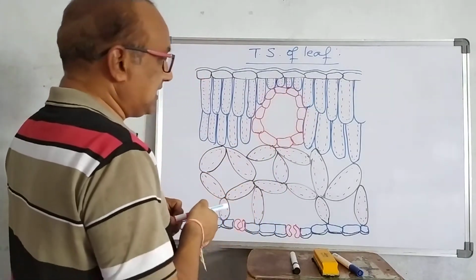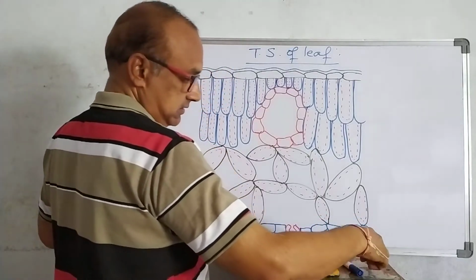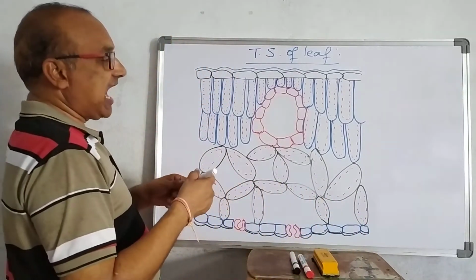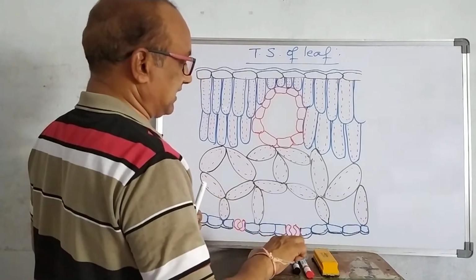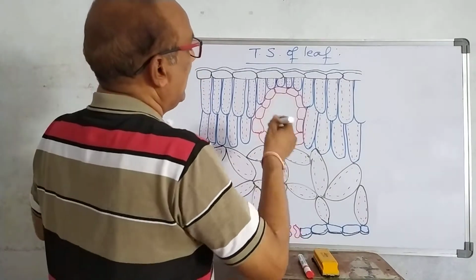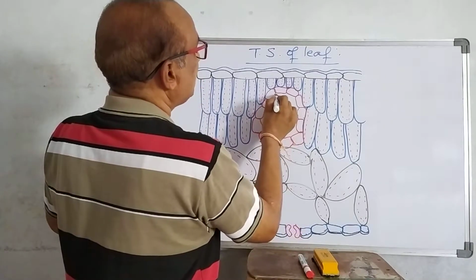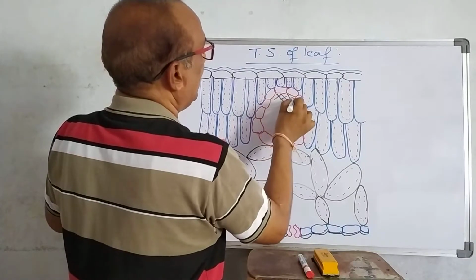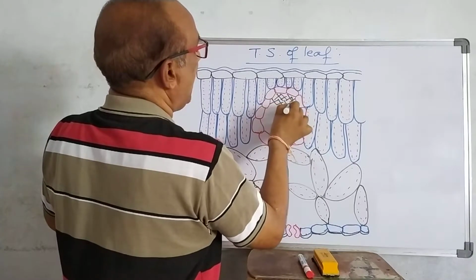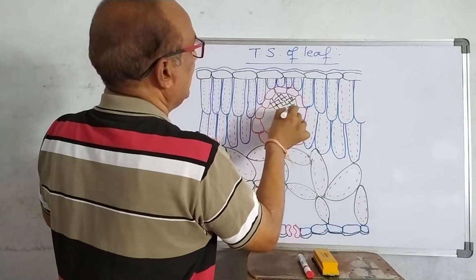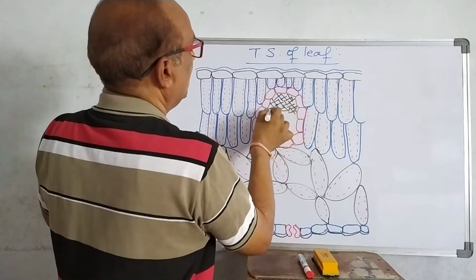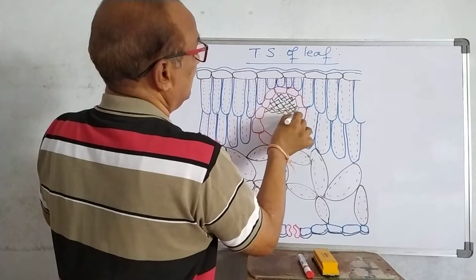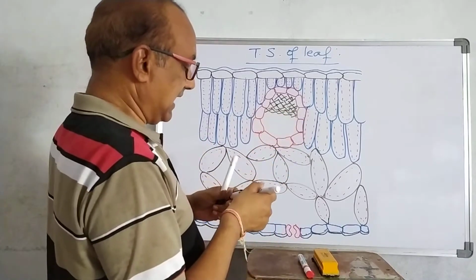In Latin, vascular means channels or tube-like structures, and in this vascular bundle, the upper half of the tissue has rough and thick cells.